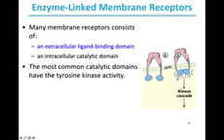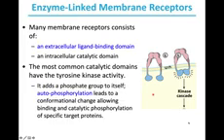The most common catalytic domains have tyrosine kinase activity, which means that the enzyme can phosphorylate tyrosine residues on its substrate. To begin with, the enzyme adds a phosphate group to itself. The autophosphorylation, as it is called, leads to a conformational change allowing binding and catalytic phosphorylation of specific target proteins.